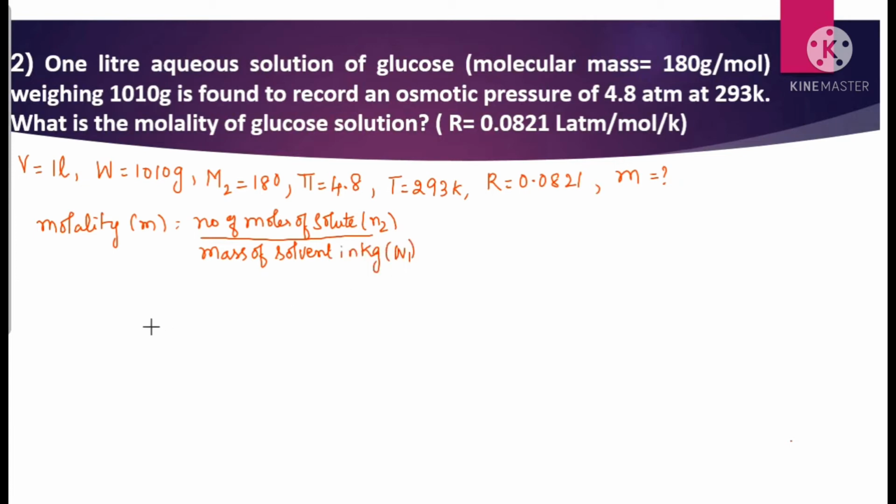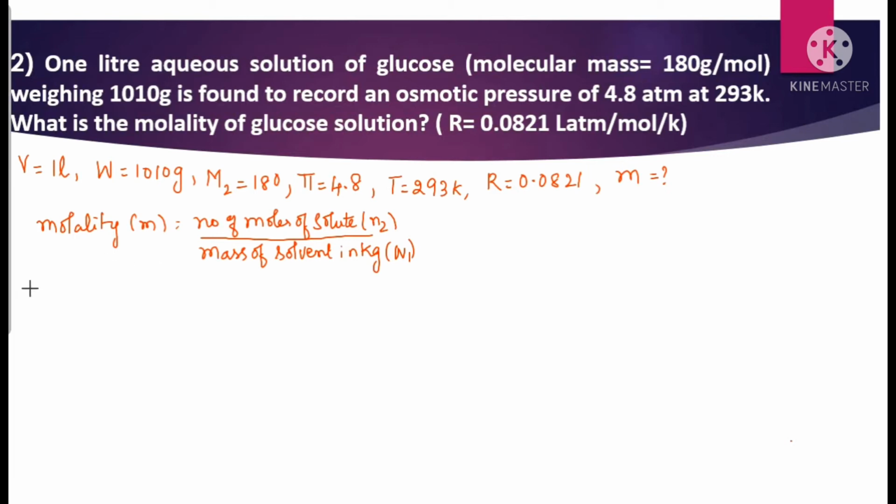Understood? Now look at the formula, students. Is the number of moles of solute given? No, it is not given. Is the mass of solvent in kilogram, W1, given? No, it is not given.